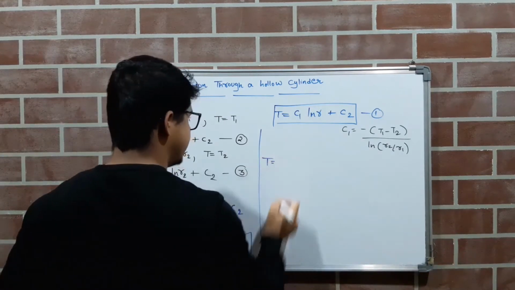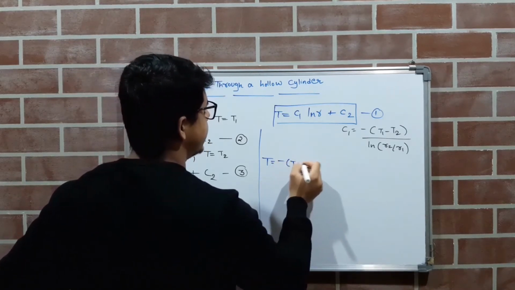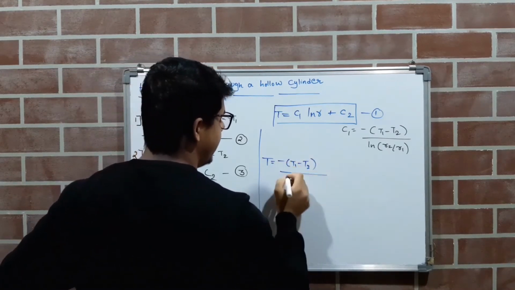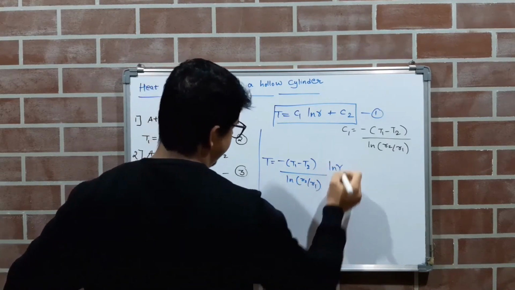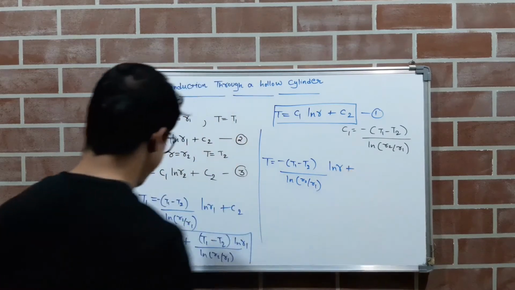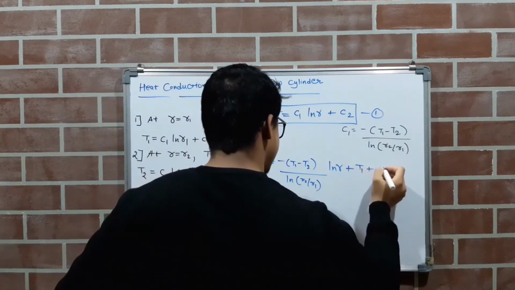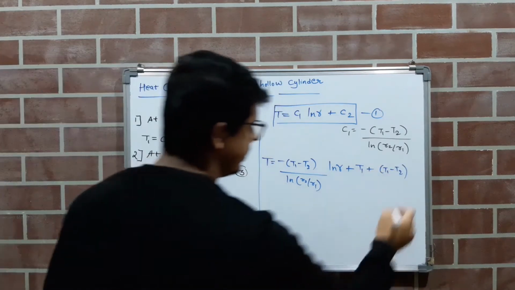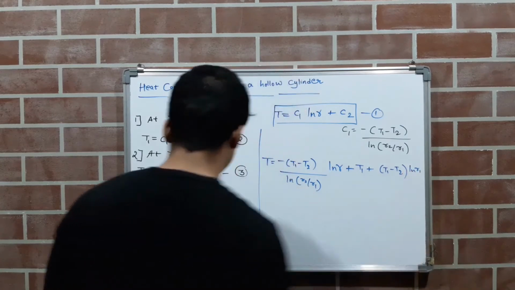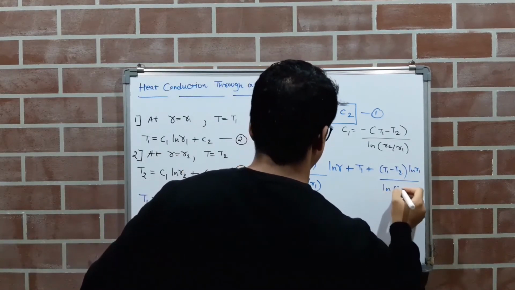So T equals, what is C1? C1 is minus of T1 minus T2 upon ln of r2 upon r1 into ln r, plus C2, which is T1 plus T1 minus T2 into ln r1 upon ln of r2 by r1.